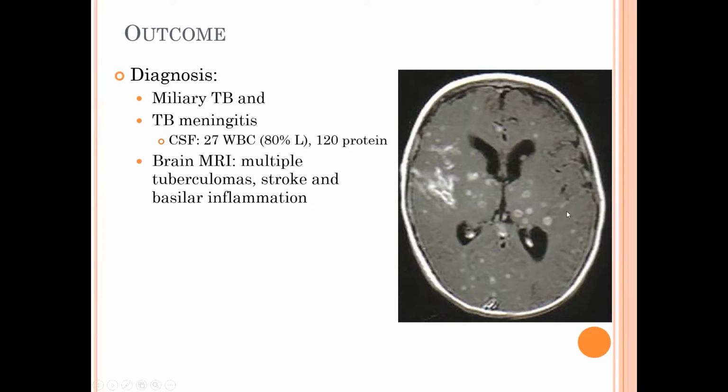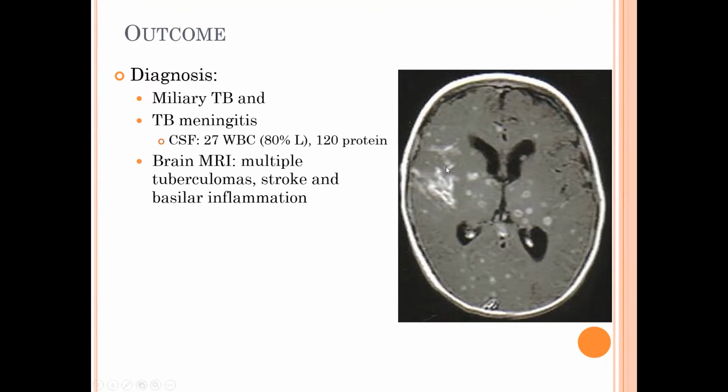Normally, I'm used to seeing 1 or 2 tuberculomas in my TB patients, but she had many. You can see her spinal fluid also with an elevated white count of 27 with 80% lymphocytes and an elevated protein above 100. This is really just classic for TB meningitis in this patient.